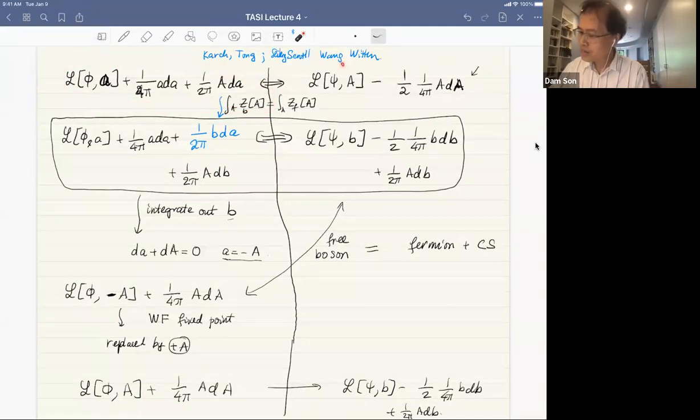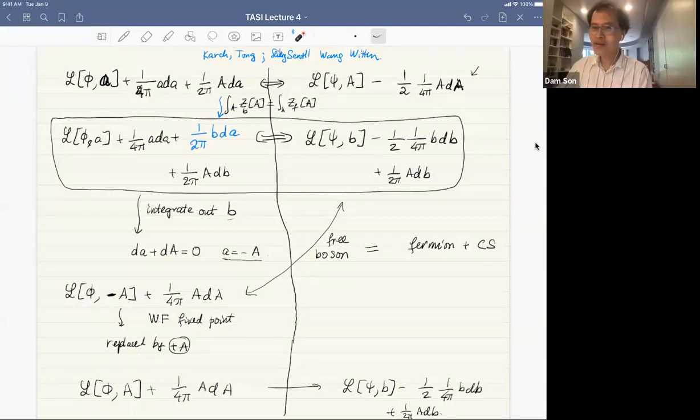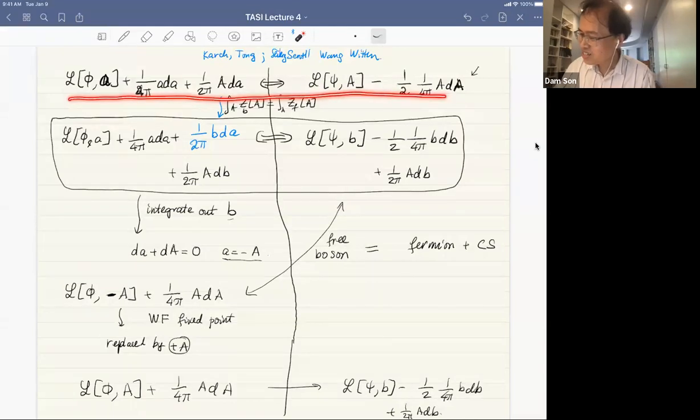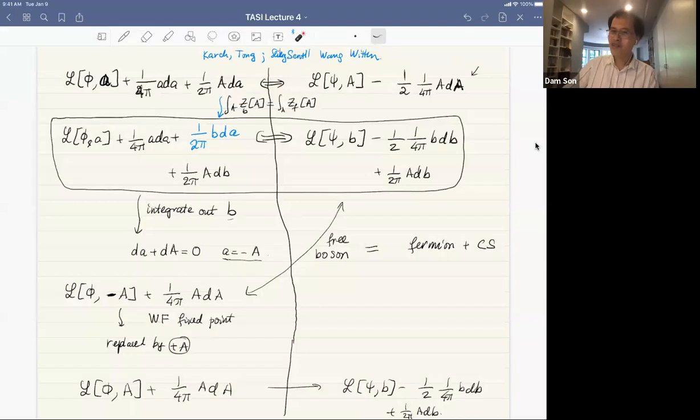While on the right-hand side, what we have is just the field psi in the background capital A. There is a Chern-Simons term for A, but we are not integrating. Yeah, before going to this step, I didn't integrate over A. A was just some parameter. So in this line, my capital A is not integrated over.